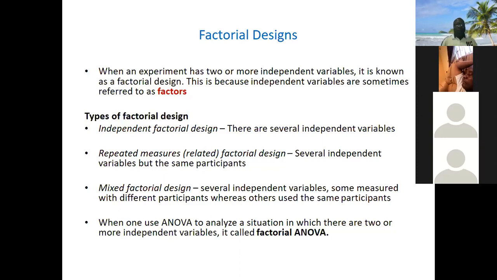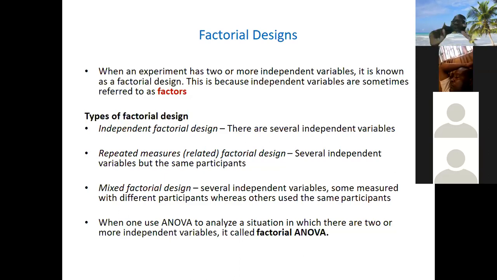So now you can have mixed design. Can you see that the first one is independent factorial, then repeated measures, and the third one is the mixed design. You can have repeated measures and an independent factor. For example, with the Viagra, maybe we gave it to the same set of people repeatedly, but this set of people are different, black and white.